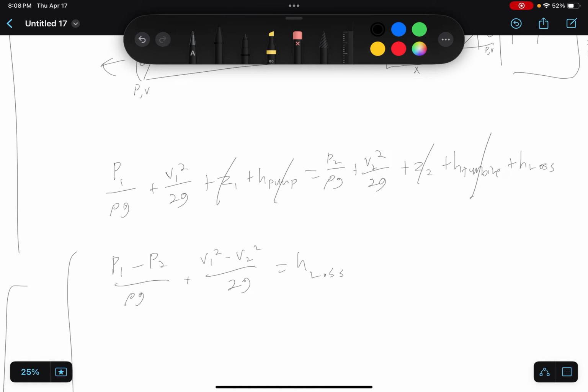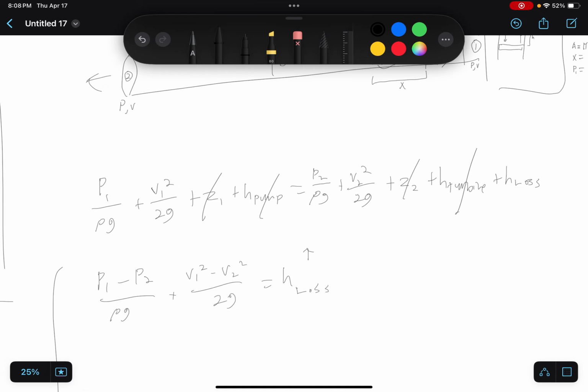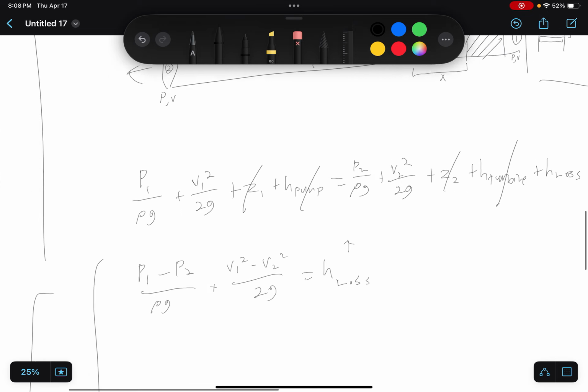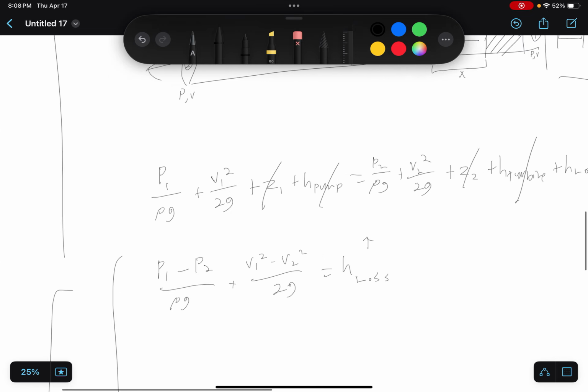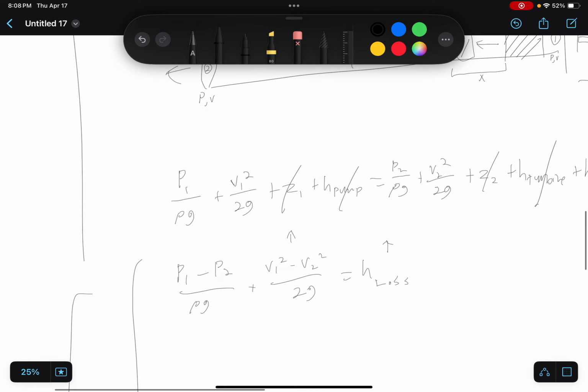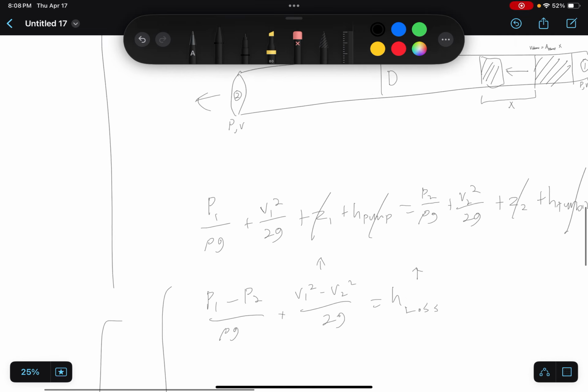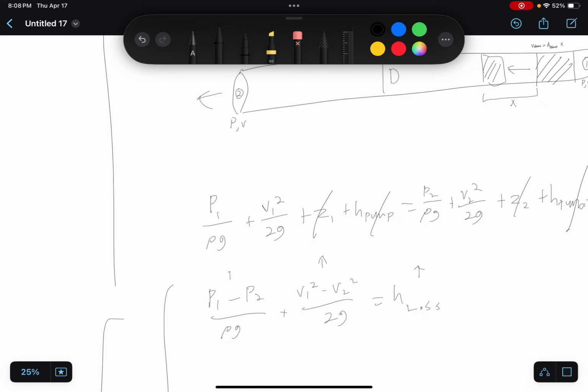So this is saying if your loss in the pipe increases, so like you have more bends in the pipe or the friction in the pipe is higher, I'll write that equation down in a second. That means the difference in inlet and outlet velocity, or the change in inlet and outlet pressure, like the delta between these two, either one of those has to go up or both of those have to go up.